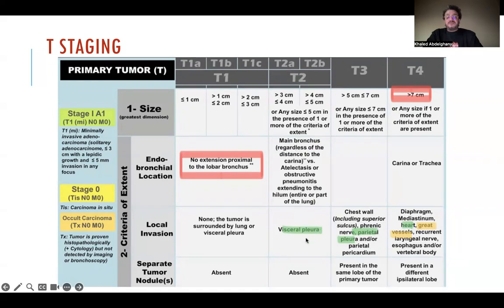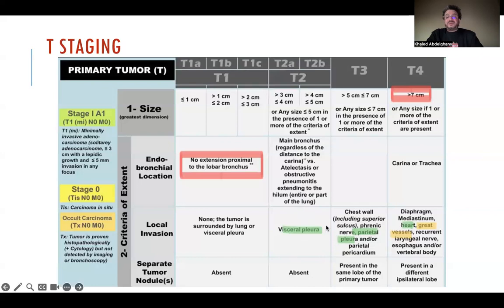Pleural invasion is most likely, but there are no absolute CT criteria for invasion of the pleura, either visceral or parietal, or chest wall, except damage or destruction of a rib. So this is not available in our case.